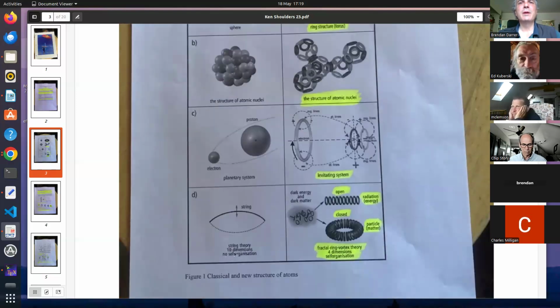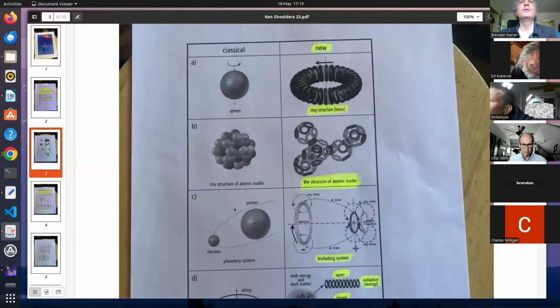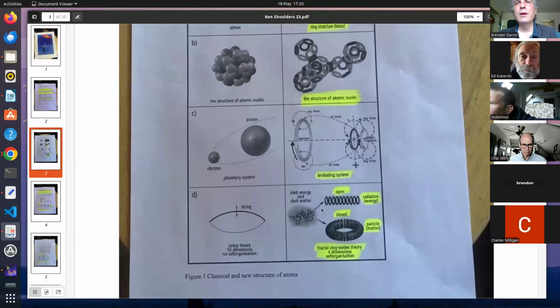String theory, 10 dimensions, no self-organization in the classical; and in the new, dark energy and dark matter, open, radiation energy, closed, particle matter, fractal ring, vortex theory, 4 dimensions, self-organization.